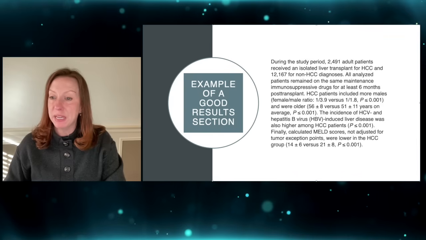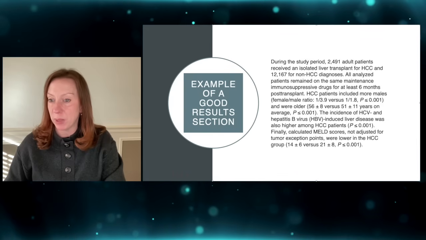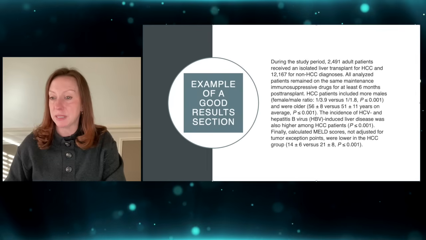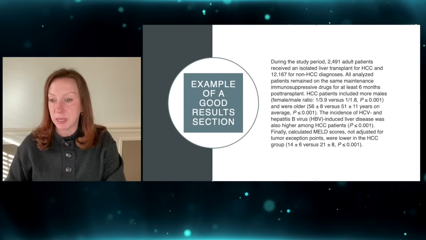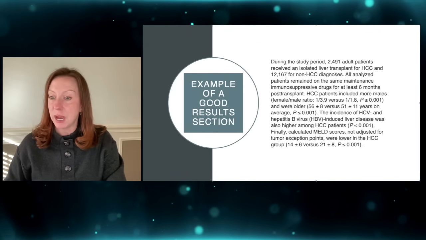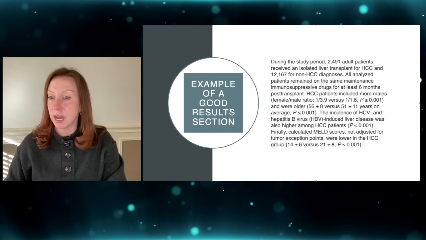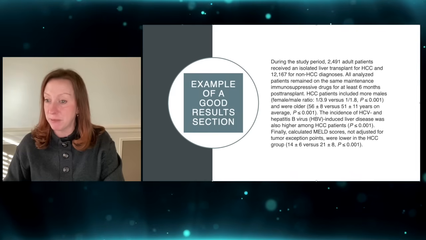And then here's information about the demographics of the sample, particularly saying the female-male ratio and the age of the participants. Then they talk more about the incidence of the particular virus-induced liver disease, higher among the patients. And you can see the p-value here.